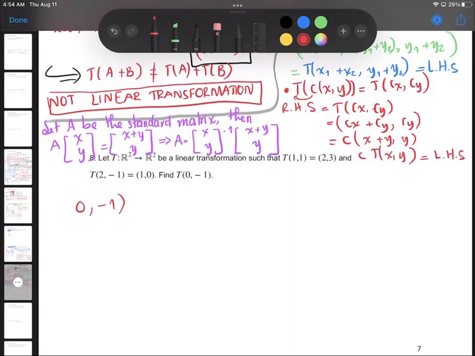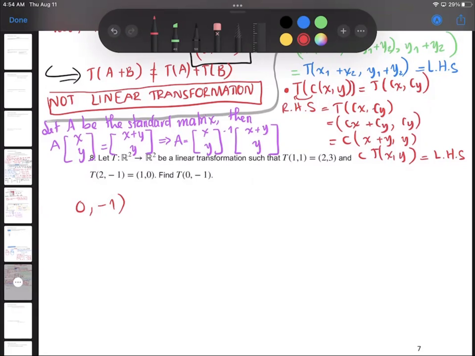So now we can transform this into a system of equations. I have 1C1 plus 2C2 equals 0, and I have 1C1 minus C2 equals -1. You can use REF. We're going to use elimination here. Multiply the second one by 2. The first equation stays C1 plus 2C2 equals 0.